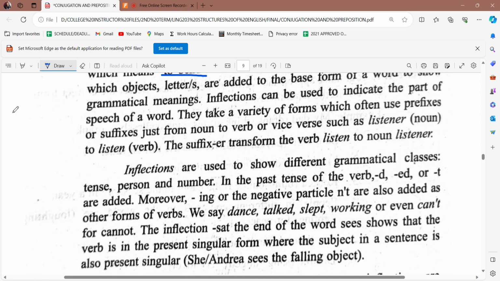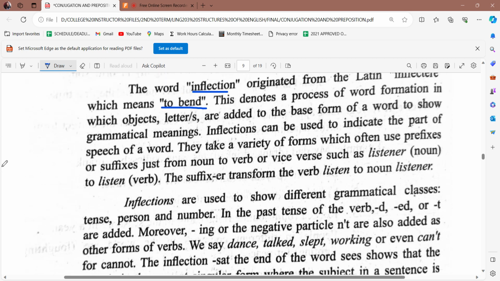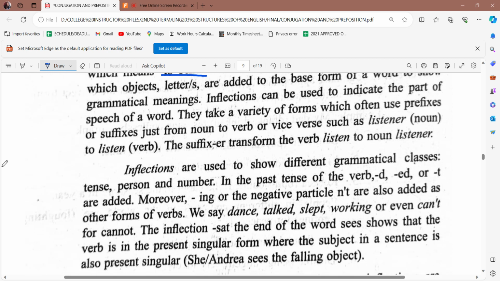Inflections are also used to show different grammatical classes: tense, person, and number.